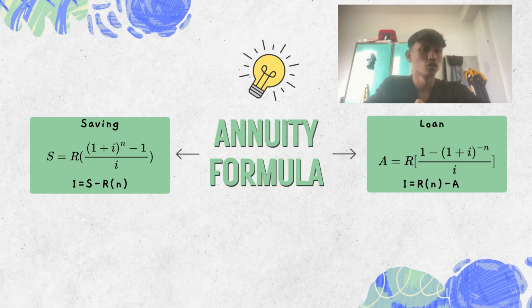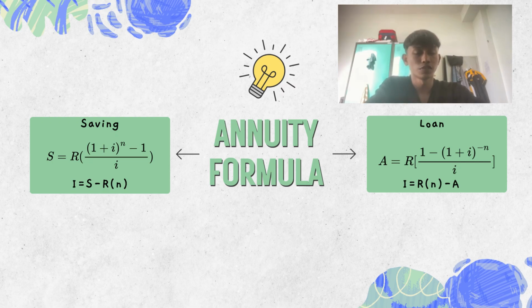For the case study in the annuity formula, we have two, saving and loan. For saving, the equation is S equal to R in bracket, open bracket 1 plus i, the power of N, minus 1, and divided by i.